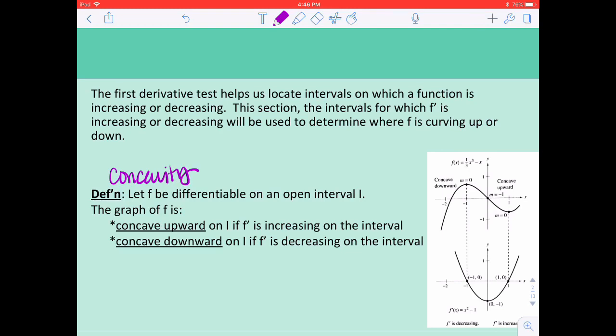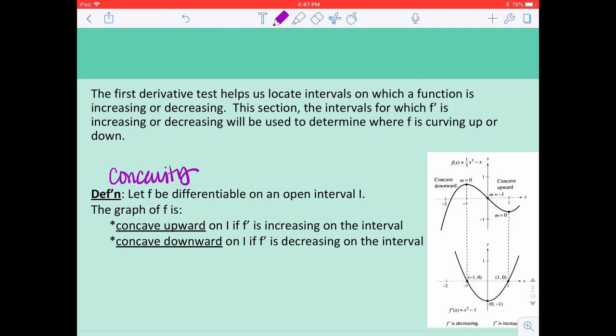Let f be differentiable on an open interval I. The graph of the function is either concave up on the interval if the derivative is increasing on that interval, or it's concave down on the interval if the derivative is decreasing on the interval.